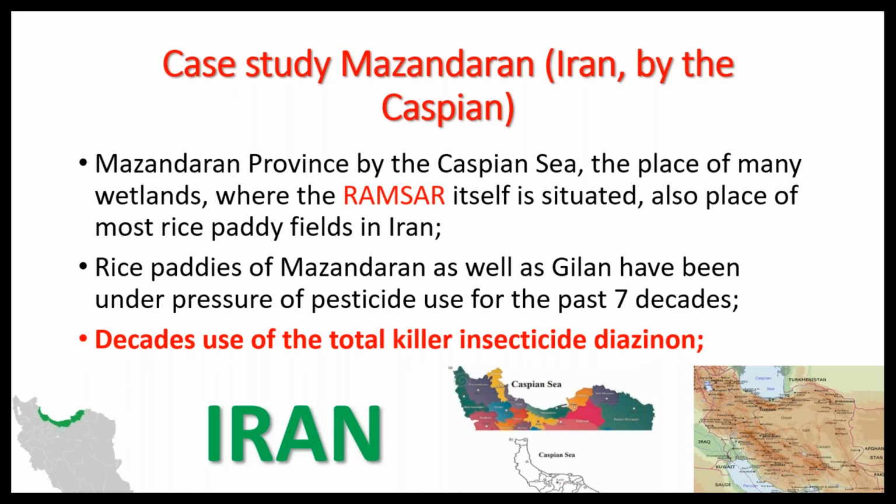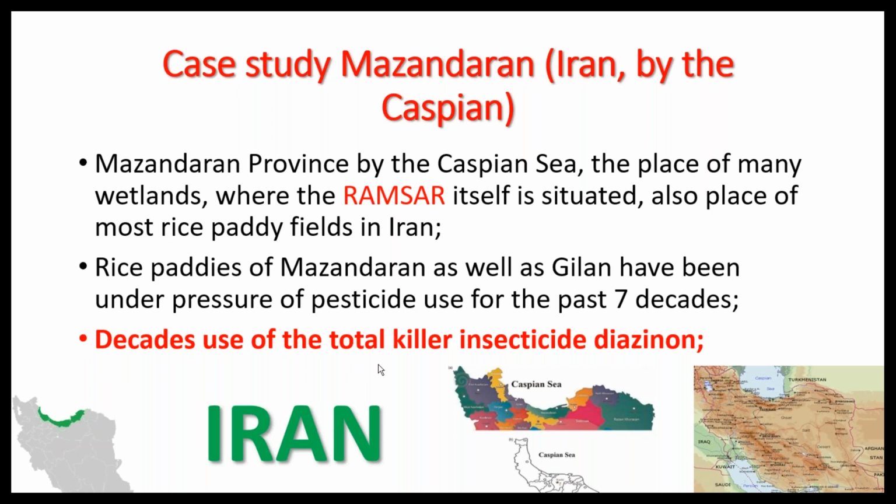Here, you can see the diazinon insecticide. I started a study on diazinon 40 years ago as my master's thesis, with gas chromatographic analysis. Unfortunately, with diazinon, they always say that it is stopped and regulated, but it is still in use.